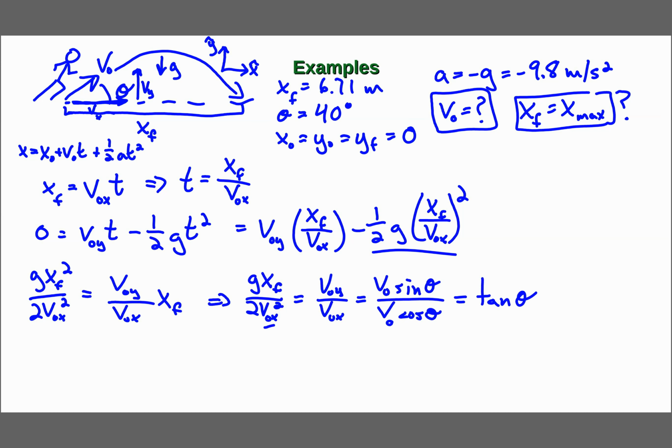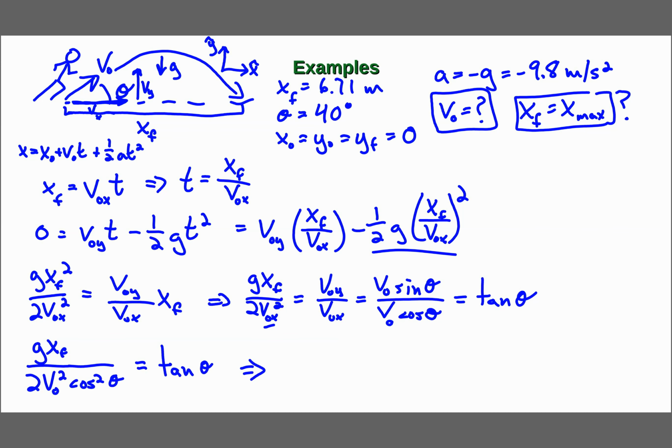This is also the v naught x. So let's replace that as well. We get g xf over 2 v naught squared cosine squared theta equals tan theta. Let's bring our v naught squared up here and the tan theta down here, right?